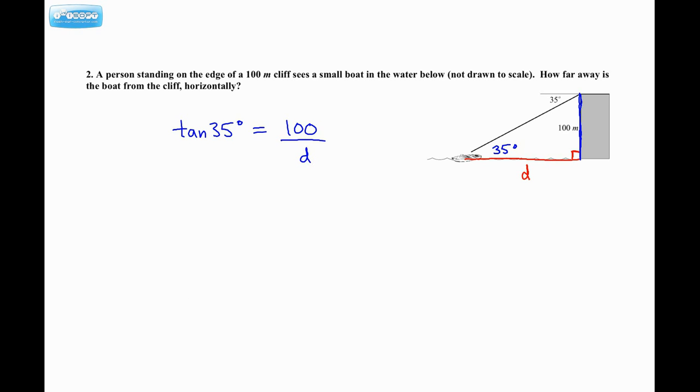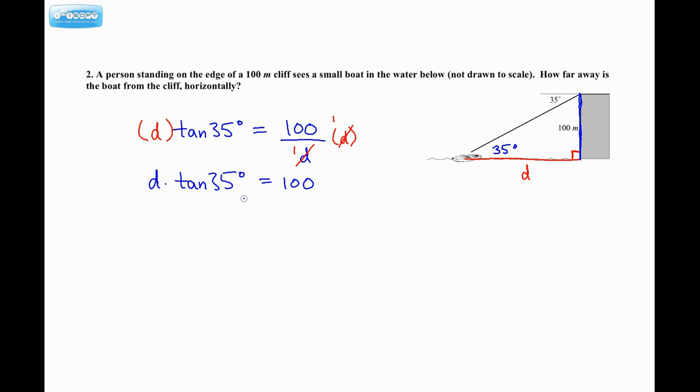So that's our equation. All we need to do now is solve for d. So to get d by itself, I'm going to multiply both sides of this equation by d. So now it cancels here, which gives me d times the tan of 35. That's equal to 100.